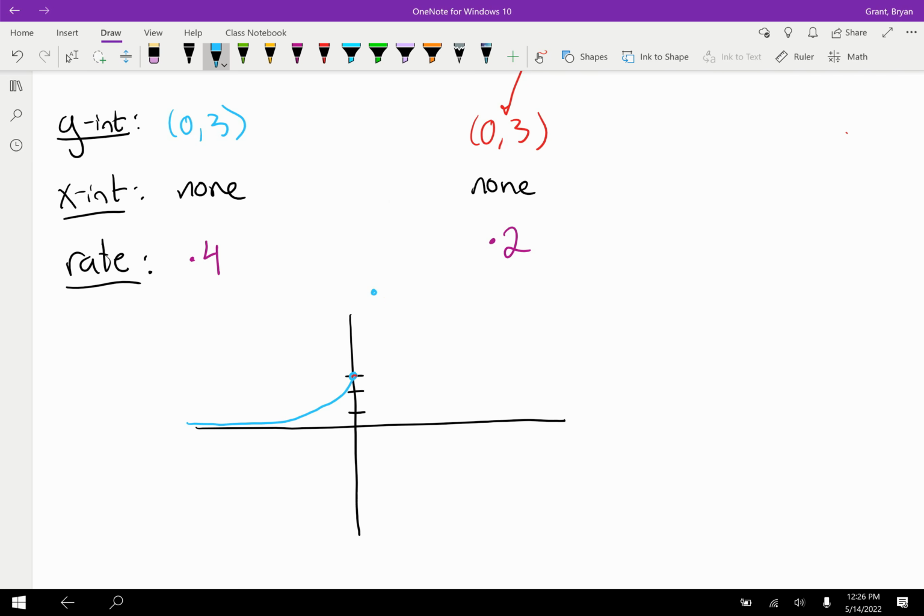So my blue function looks like this, versus my red function doesn't go up as quickly. So my red function is only doubling every time, and so we're going to have something that looks like this guy. Okay, and so we can see those two rates right away.